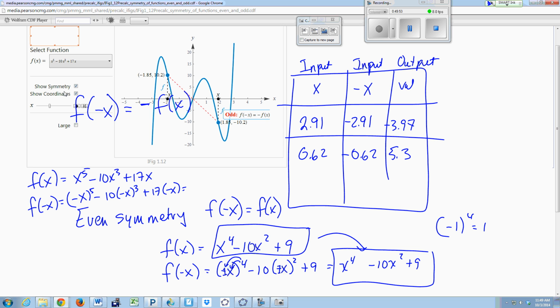So this is the opposite of x to the fifth plus 10x cubed minus 17x. This is the opposite of every single one of those terms. So that shows you have odd symmetry, which means this is reflected about the origin, which means that these two distances right here are the same.